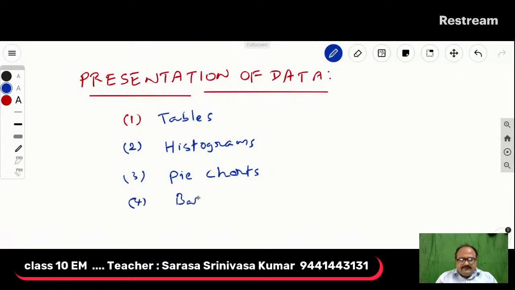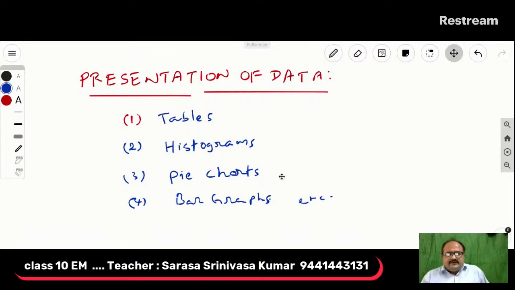Bar graphs, and so on. So, the presentation of the data is of many types in terms of tables, histograms, pie charts, and bar graphs. We will study about each and every concept in detail.